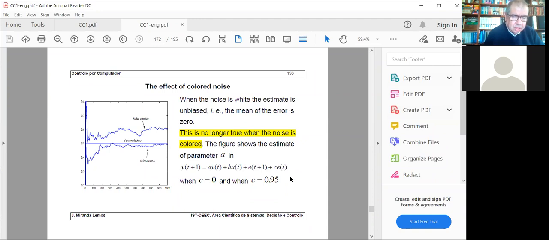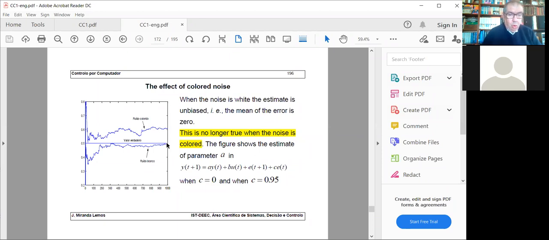but we can return to this stuff later. But clearly, there is a memory of the past in here, so this is not white. And look at what is happening with the so-called colored or non-white noise. You are converging to something which is clearly different from the true value.